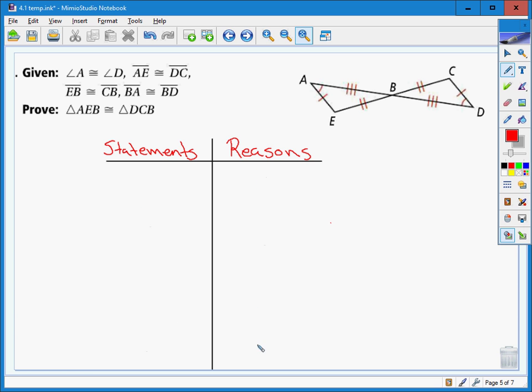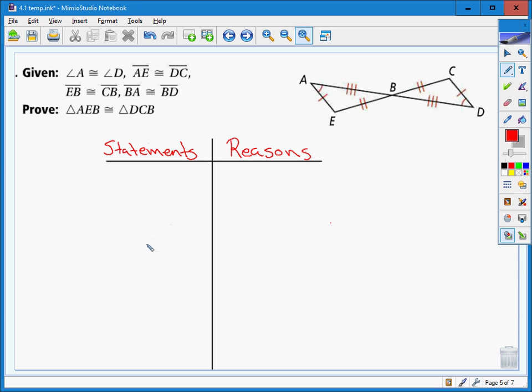Remember that on the reason side, we can have theorems, postulates, definitions, properties, things that we already know are true. On the statement side, we're going to put the pieces down to get to this last statement.